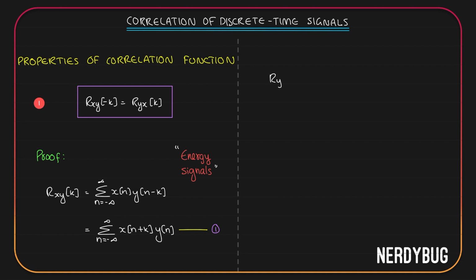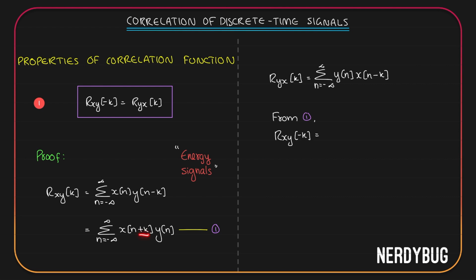Now we can write our Ryx of k. This will be summation from n equals minus infinity to infinity y of n x of n minus k. Now from the first equation, what if I wanted Rxy of minus k?